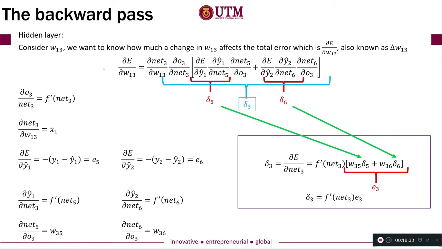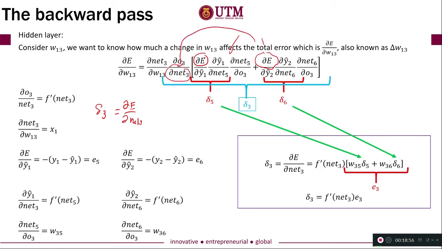delta 3 is actually equal to del E over del net 3, and del net 3 is actually del E, okay, because you have E at these two components there, you have E over the net 3 there.